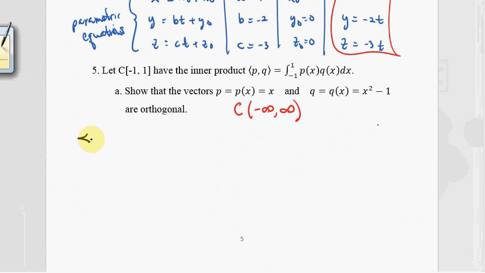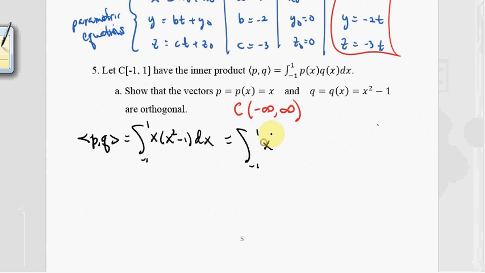So here, you took that inner product of P and Q, the integral from -1 to 1 of x times (x squared minus 1) dx. So the integral from -1 to 1 of x to the third minus x dx.